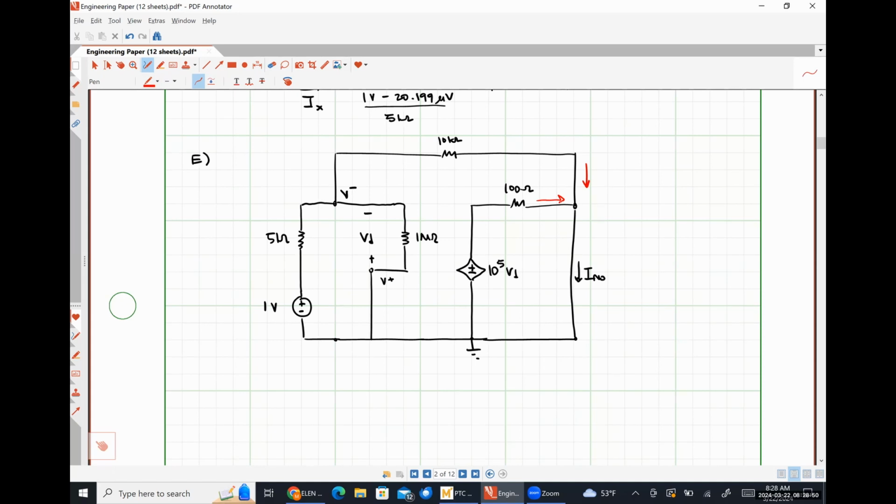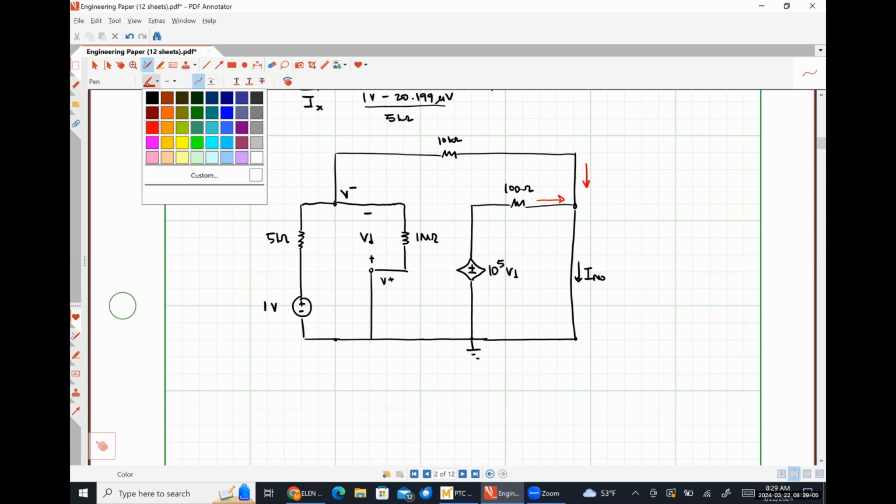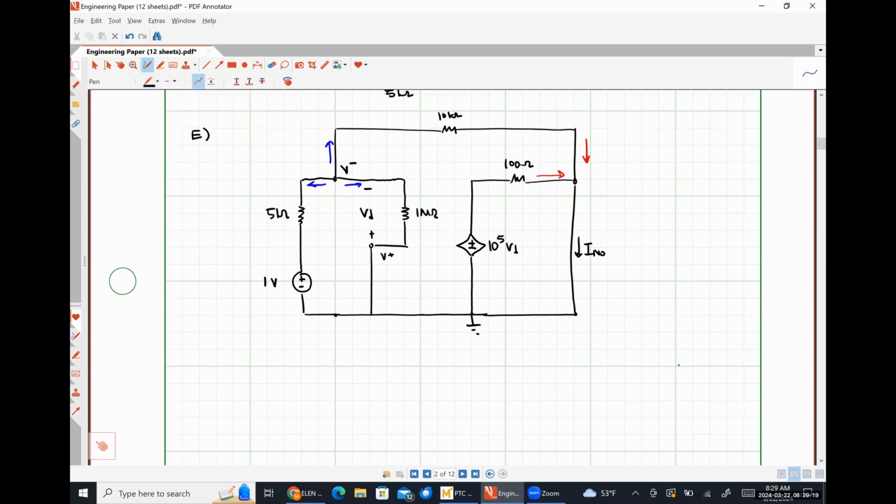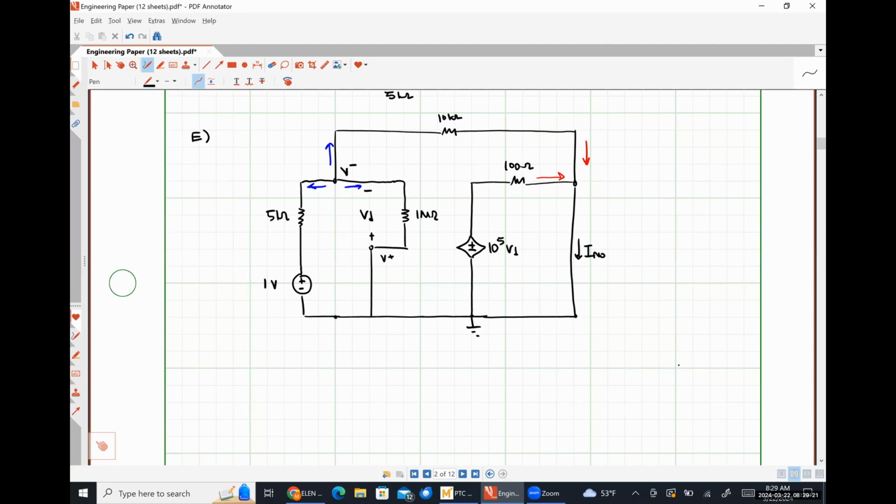So the first thing that I'm going to do is apply Kirchhoff's current law over here at the inverting input node, much like we did when we analyzed the circuit earlier.